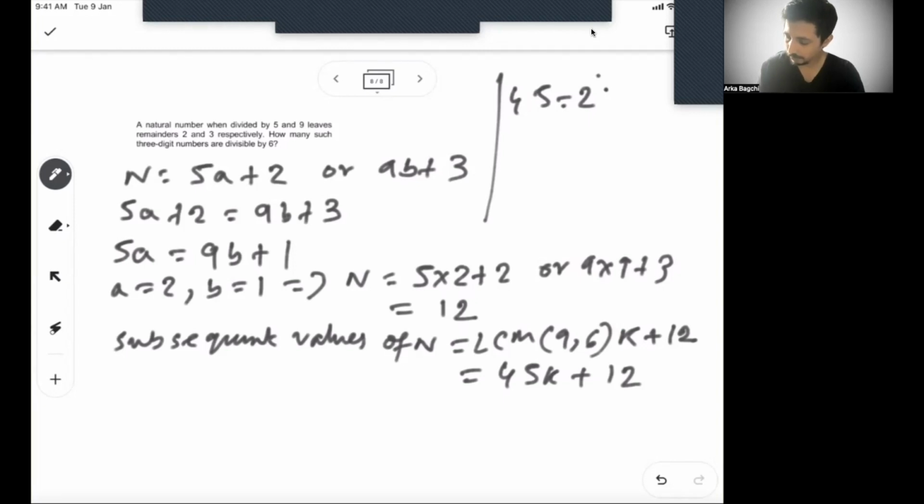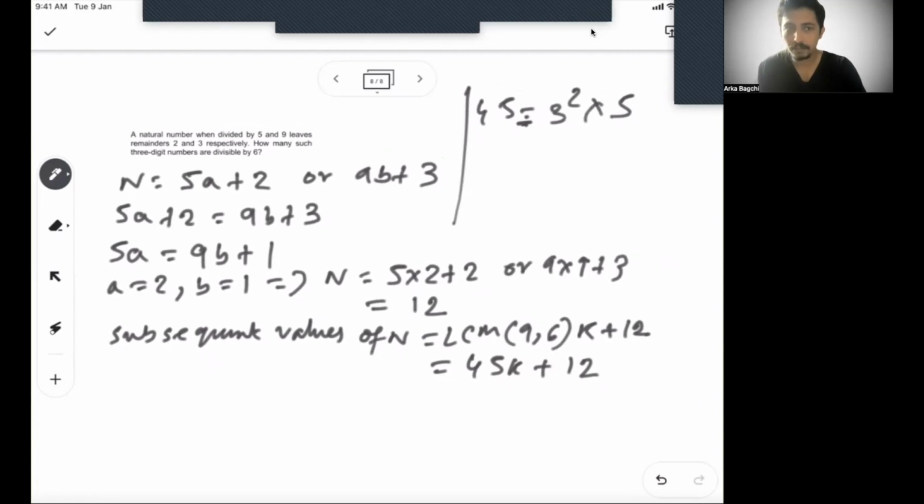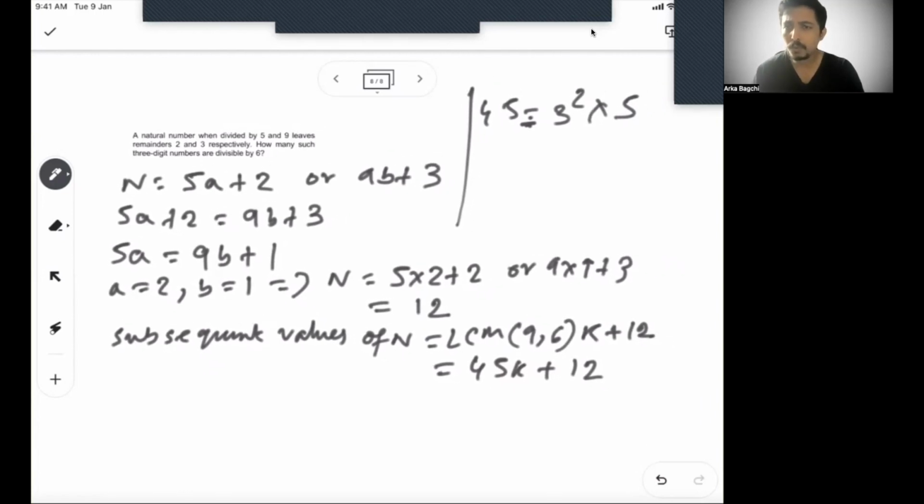So 45 does not have 2 in it, right? For 6, I need 2 and 3. So to bring that 2 into this, that has to come from the k. So k has to be an even number in order to make 45k divisible by 6.